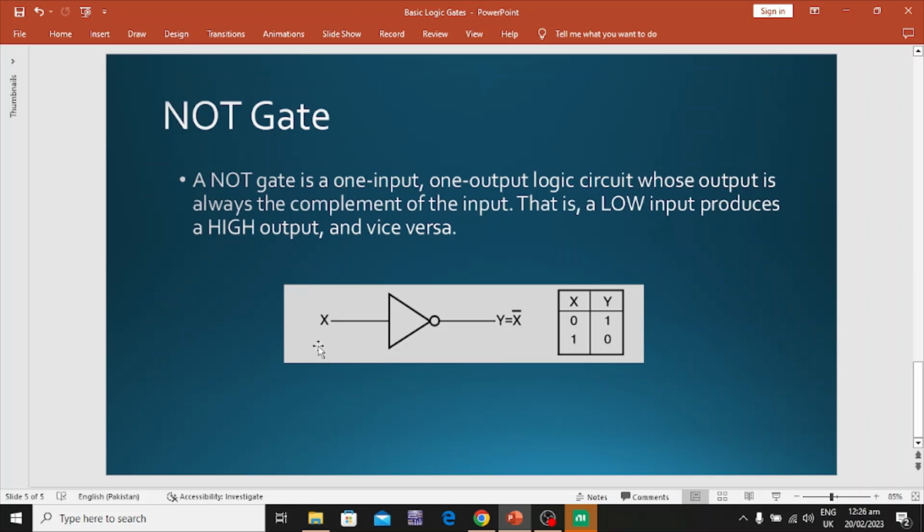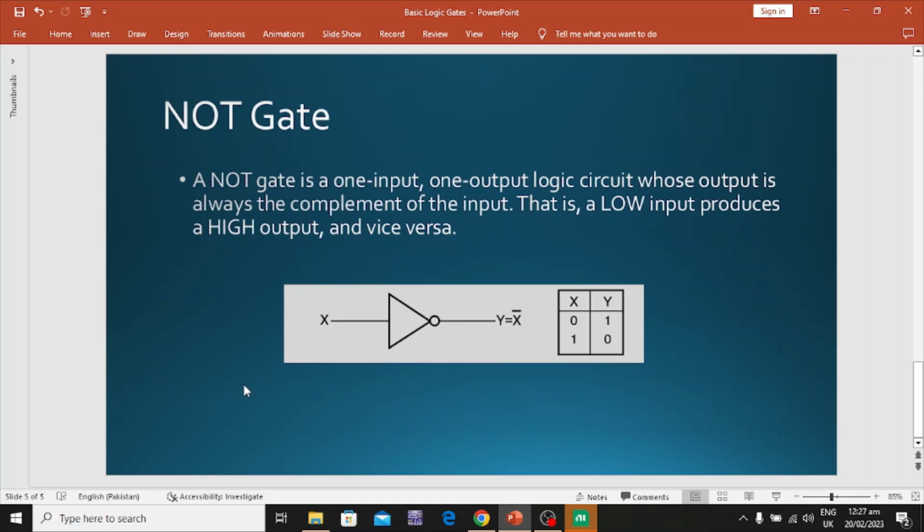If x is 0, then x complement is 1, and vice versa, if x is 1 then x complement is 0. So this is the operation that the NOT gate performs, and this operation is also called inversion.